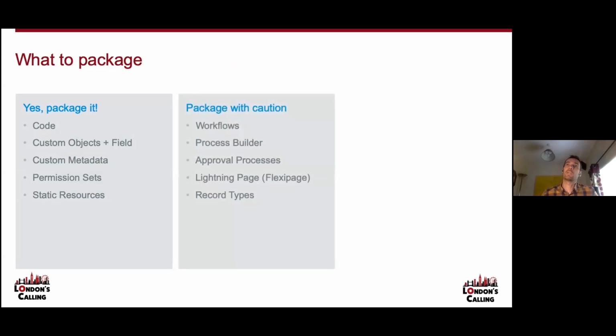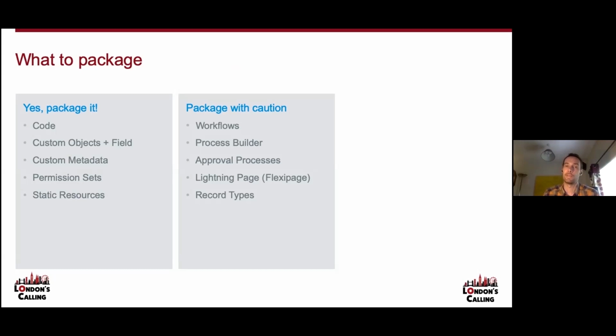Then there are some things which you can include in a package, but you might want to be careful. These really break into two different types. So workflows, process builder, approval processes, and record types are all supported by unlocked packaging, but sometimes with some limitations and difficulties. So we've used record types in one customer and had no problems.